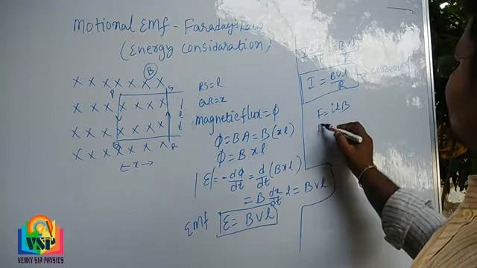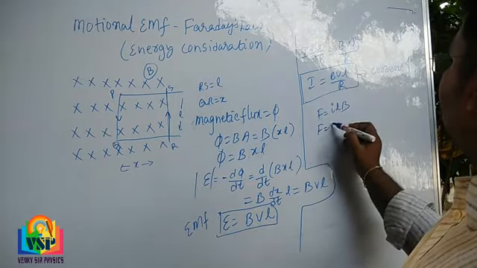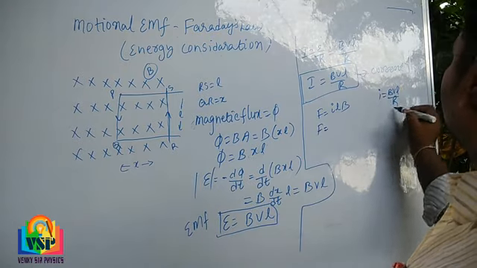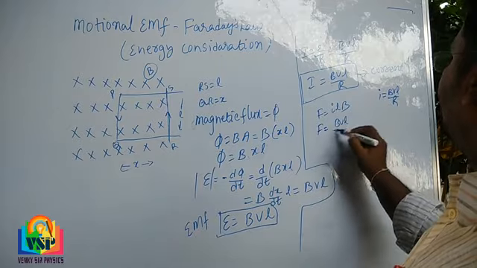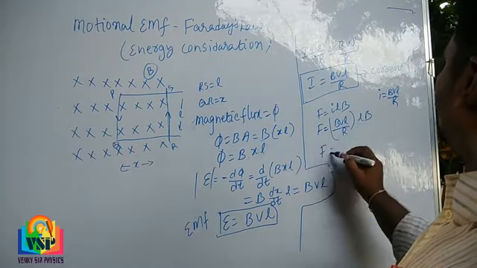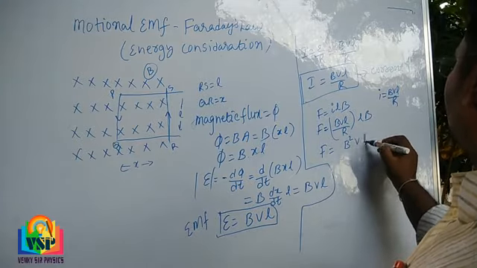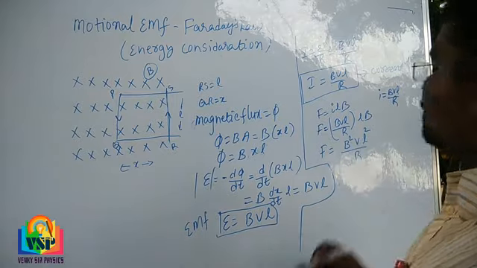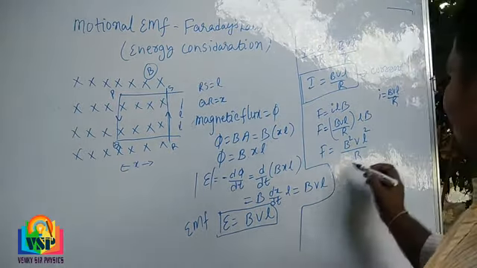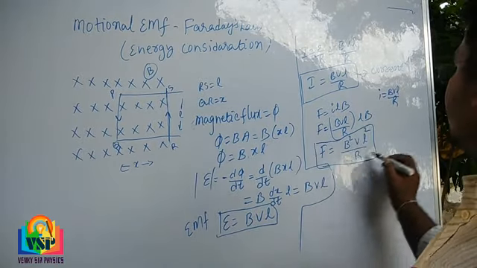In this case, I is equal to BVL by R, so F is equal to BVL by R into LB. F is equal to B square V L square by R. This is the force.